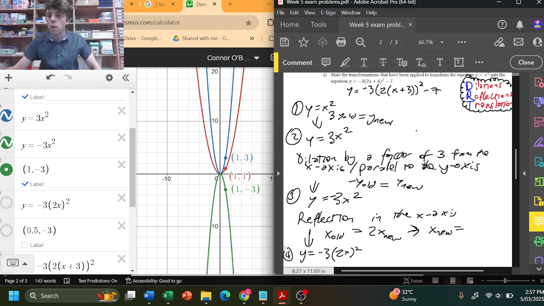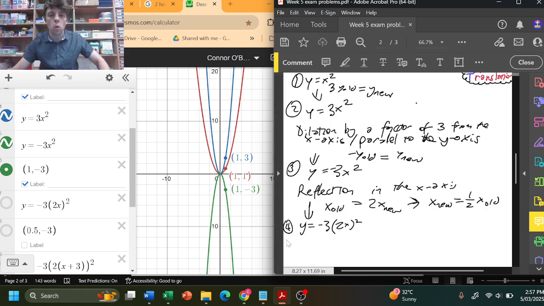So the new x value is equal to a half of the old x value. You can see we divide both sides by 2. So we've taken that old x coordinate and divided it by 2. What we call this is a dilation by a factor of half away from the y-axis.